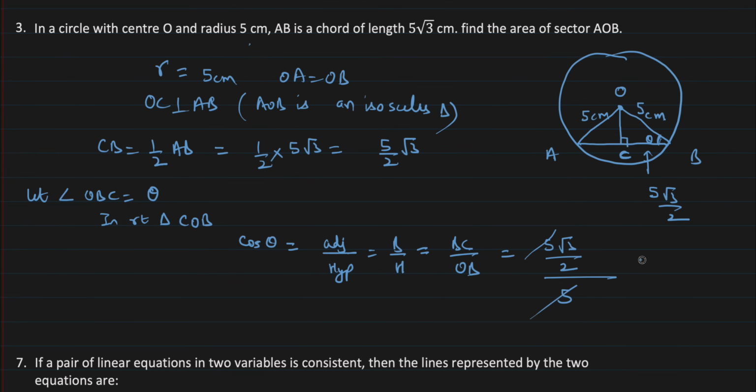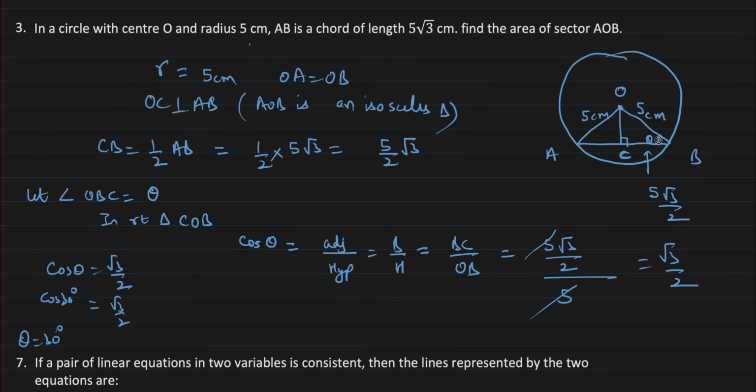So we can cancel it. We are only left with root 3 by 2. So cos theta comes out to be root 3 by 2. You know when cos is root 3 by 2? Cos 30 degrees. So from here I can say my theta is 30 degrees.